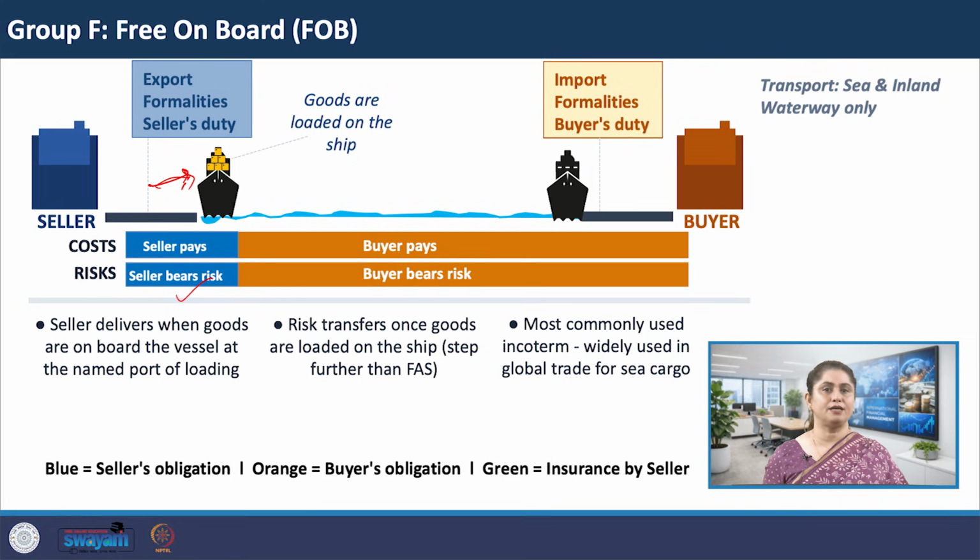Incoterms 2010 and 2020 both updated this to when goods are on board the vessel, removing the ambiguity of the ship's rail system. Also note, FOB is a sea-only term. FOB continues to be widely used in practice even for containers.